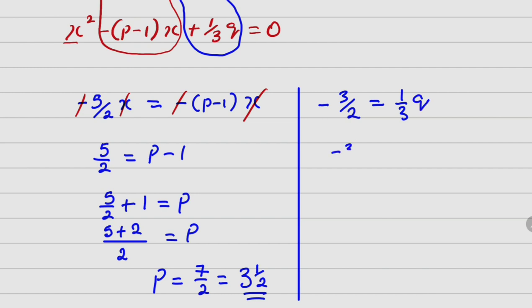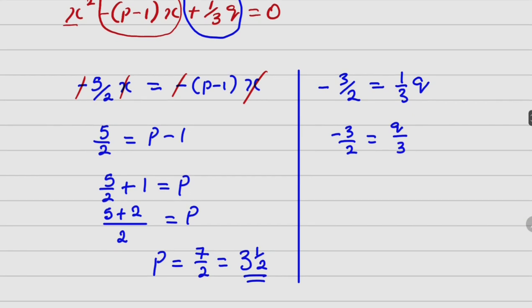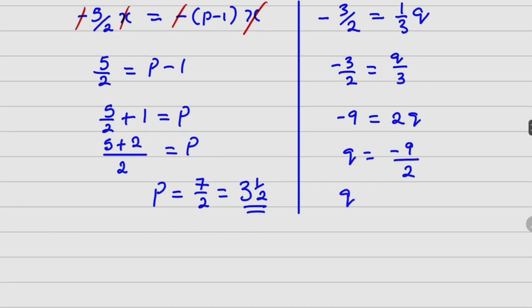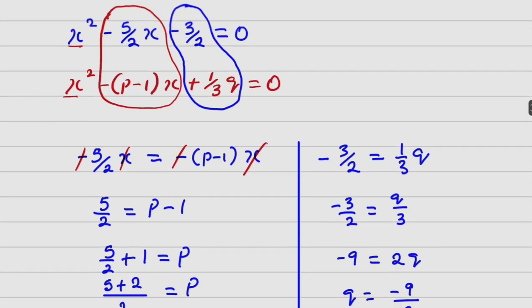The same thing as saying minus 3 over 2 equals q over 3. Then once you cross multiply, you are going to have minus 9 equals 2q. So that q will be equal to minus 9 over 2, and q now is the same thing as saying minus 4 whole number 1 over 2. So these are my values. p is 3.5 and q is minus 4.5.